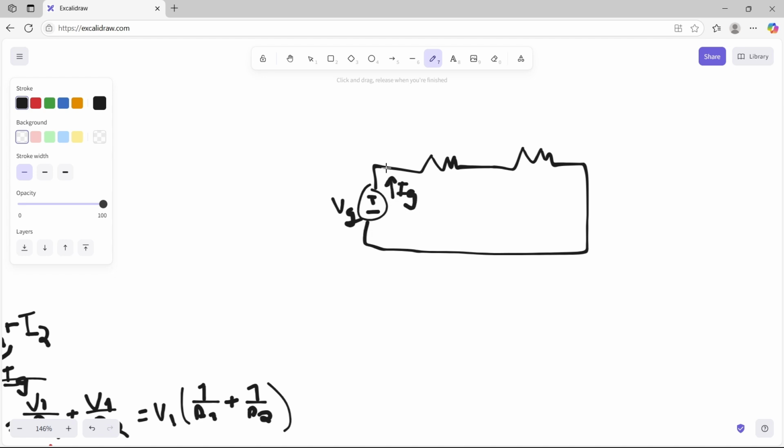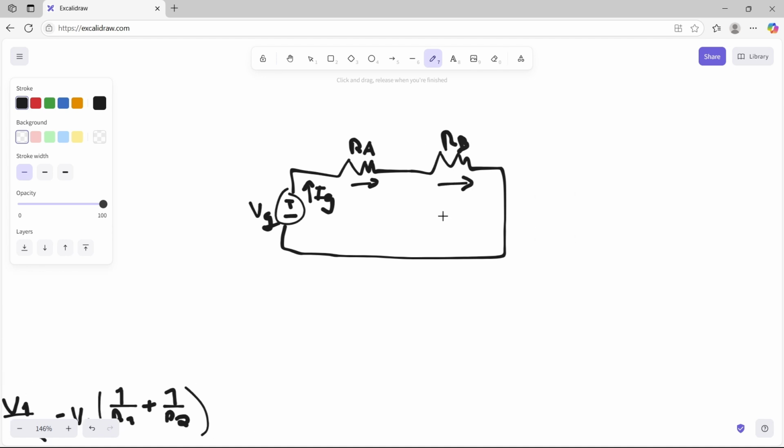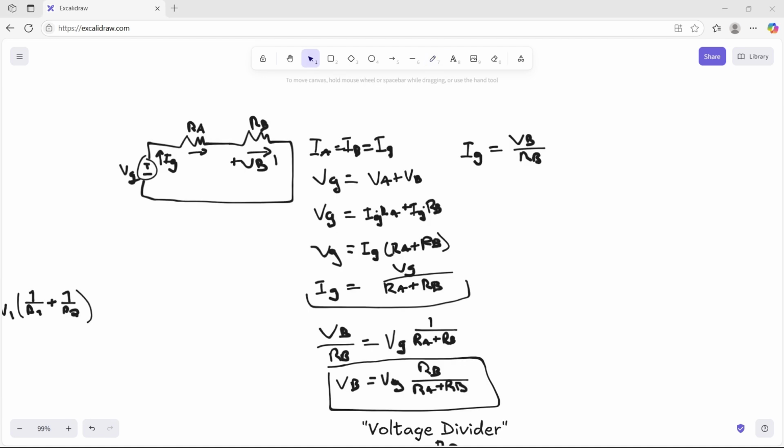Well, IG, like we discussed before with the Ohm's law circuit example, is going to flow through this resistor, which we can now label as RA, and then it'll flow also through RB. So we immediately know that IA is going to equal IB is going to equal IG.